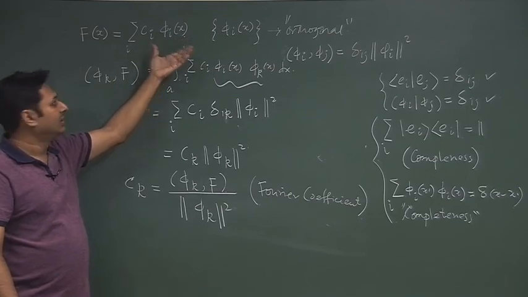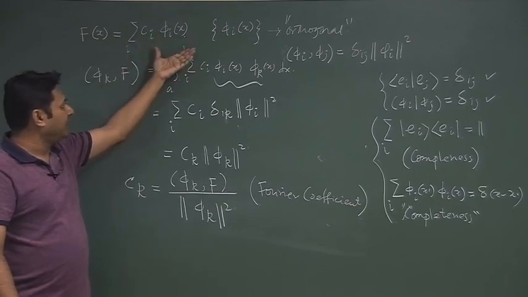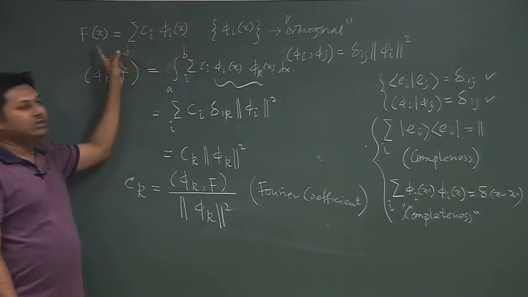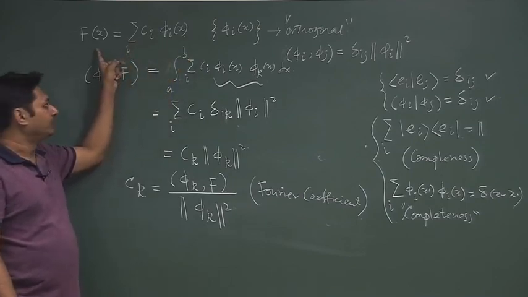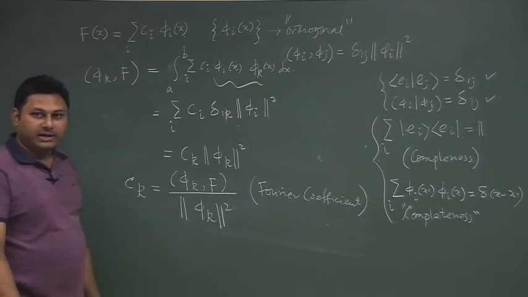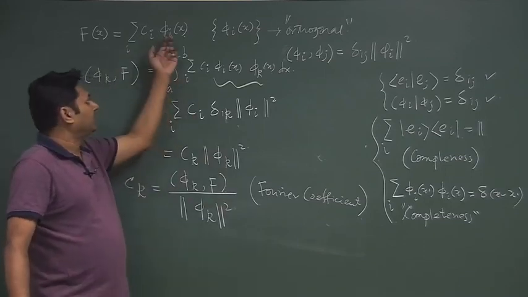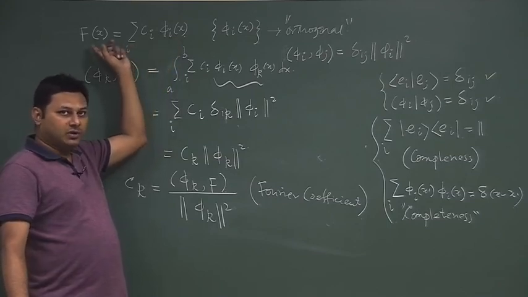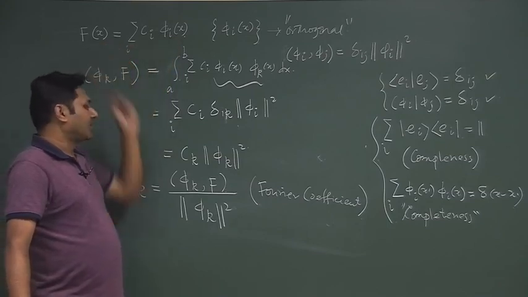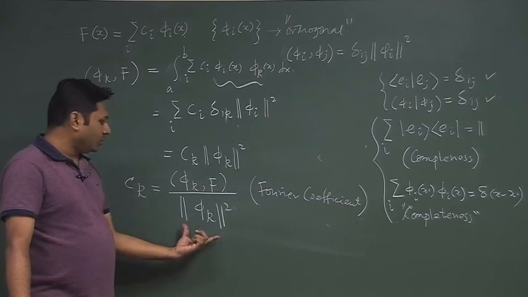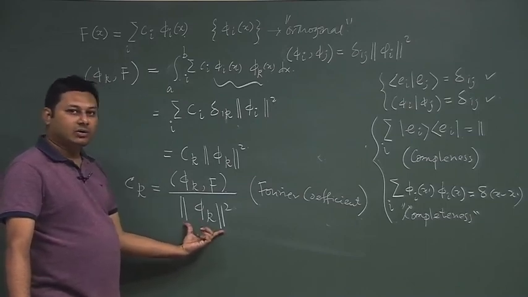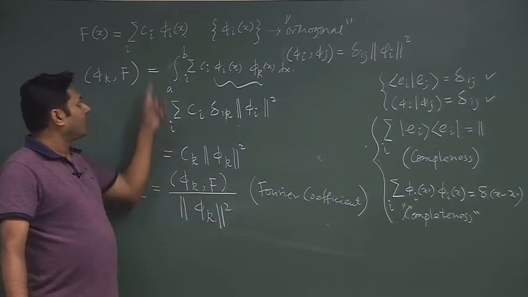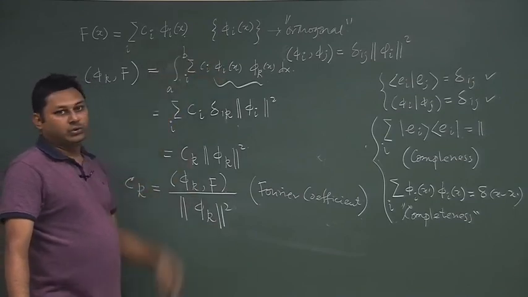If I take the infinite number, then this value will gradually equal whatever the function is giving to you. But if I don't take the infinite number of basis functions, then the right hand side will be nearly equal to this, or of the order of this, but not equal to the same quantity. So now in order to calculate the coefficient, I can calculate it in this particular form, if these bases are orthogonal.